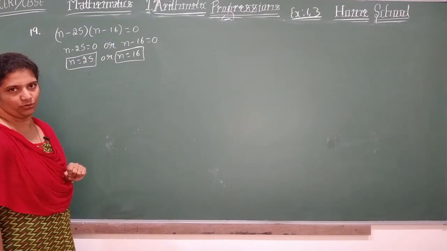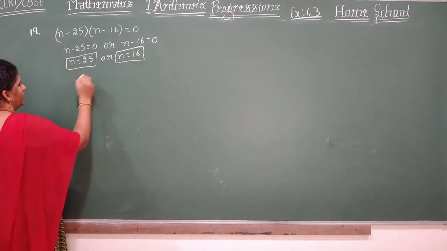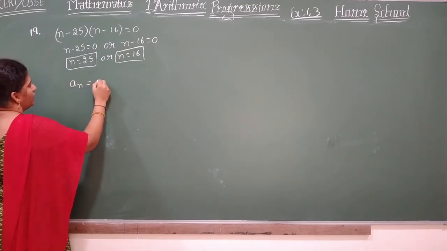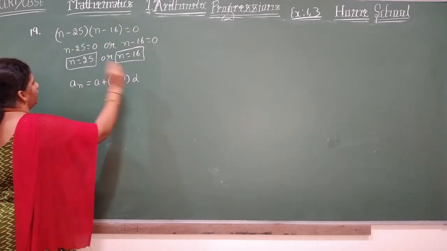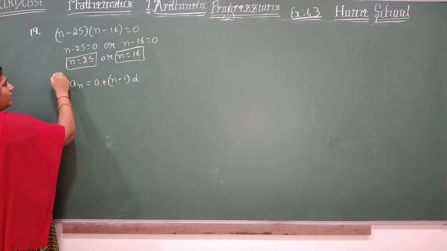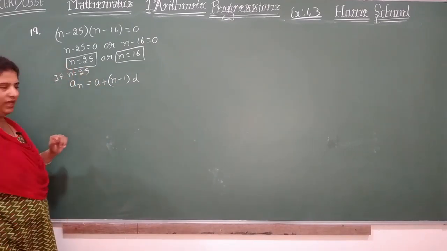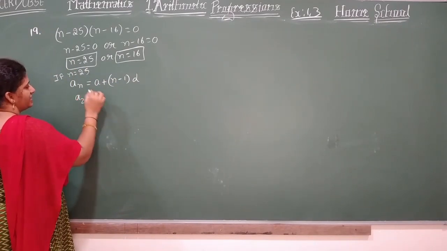Alright, let's check it out. How could we check it? The nth term is a_n = a + (n - 1)d. If n is equal to 25, I'll take a_25.